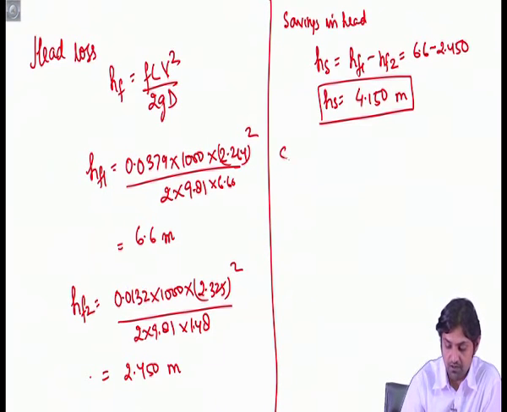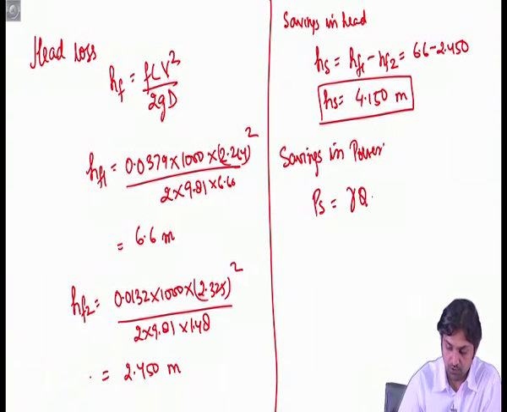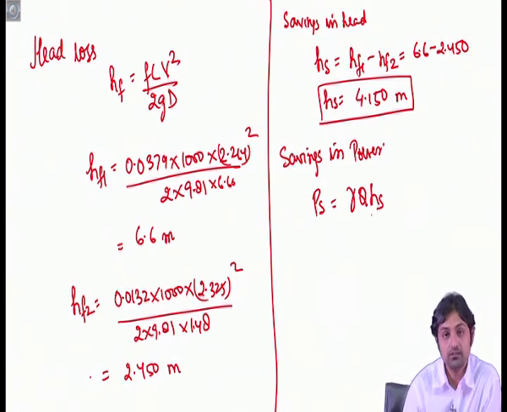Now for power, savings in power would be nothing but gamma Q HS.